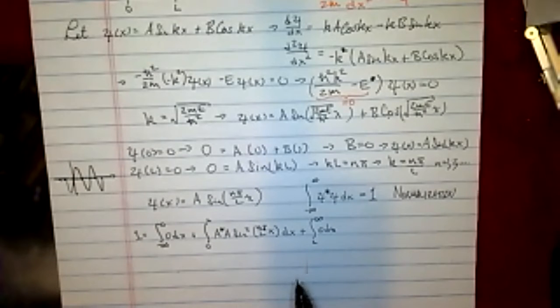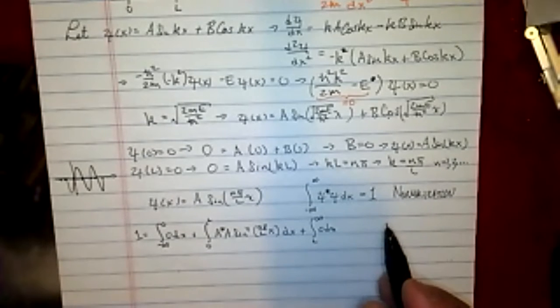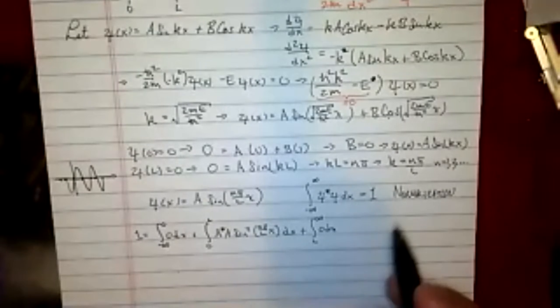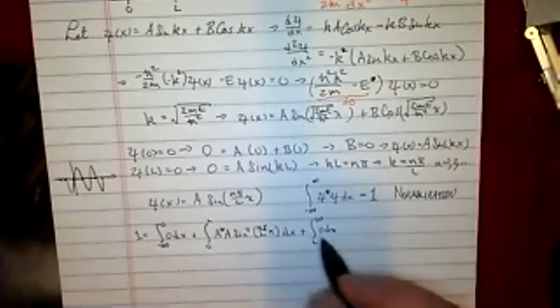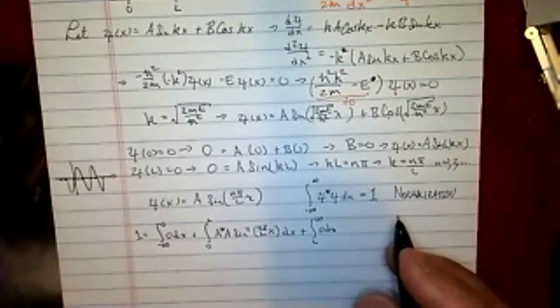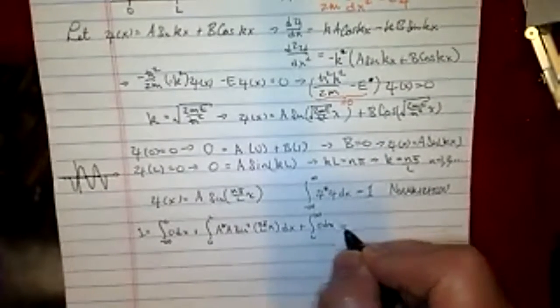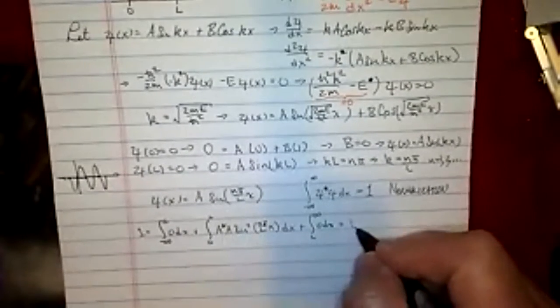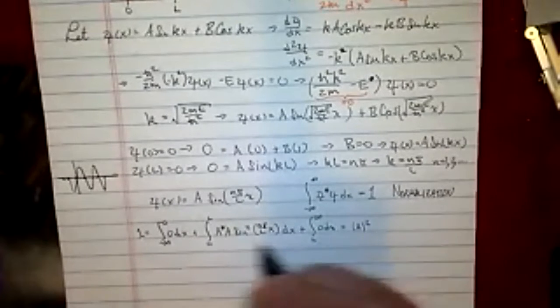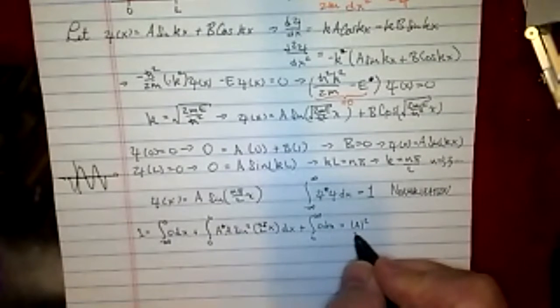Now, to integrate an actual sine squared, we're going to use an identity, specifically that sine squared is equal to 1/2 times parentheses 1 minus cosine of 2 times the argument. So in this case, I'm going to rewrite this as just A squared, which is a normal notation for A star A, but it also looks like this, the absolute value squared.